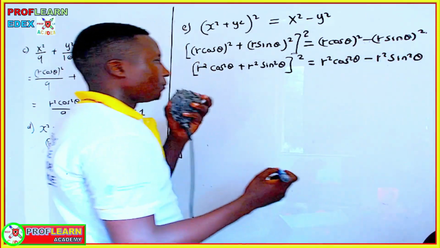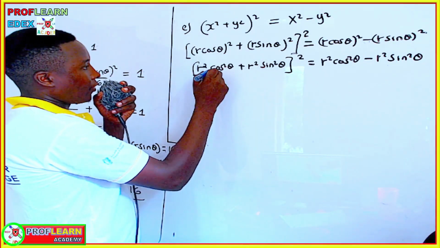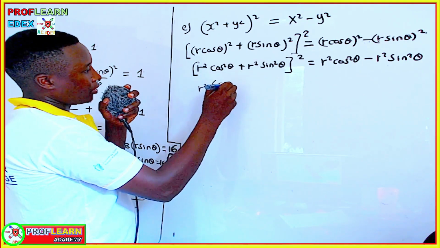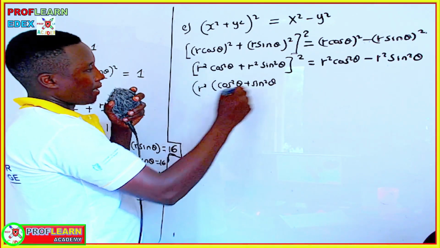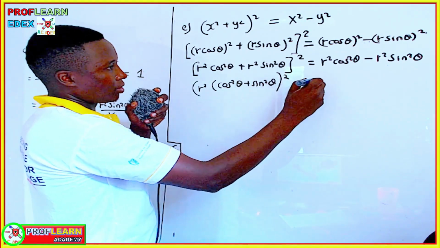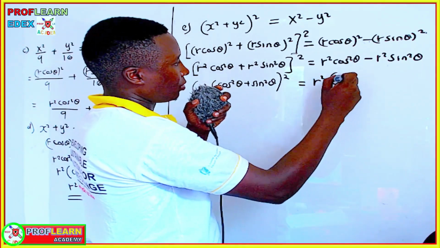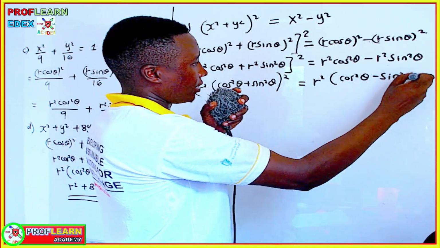Having this, we can factor r squared out inside the bracket. We remain with cos squared theta plus sine squared theta, and everything there is squared, equals, can we factor anything out? We can say r squared into cos squared theta minus sine squared theta.